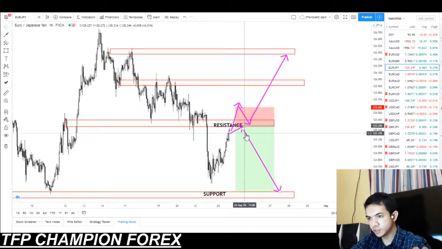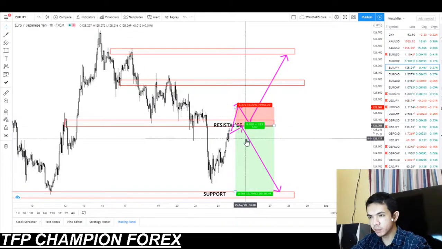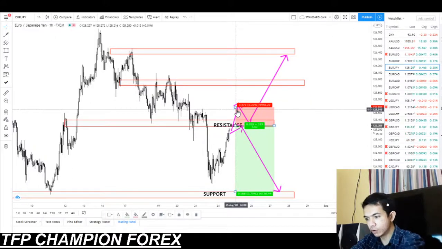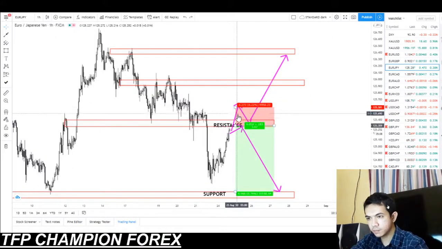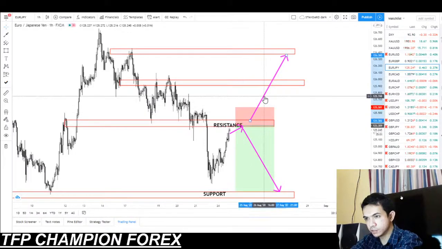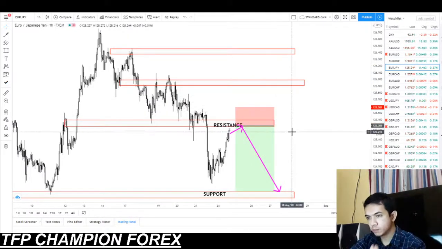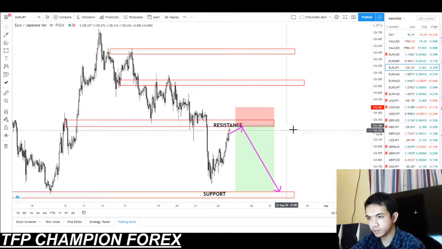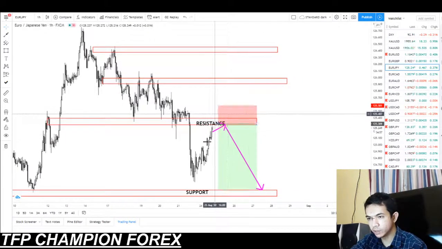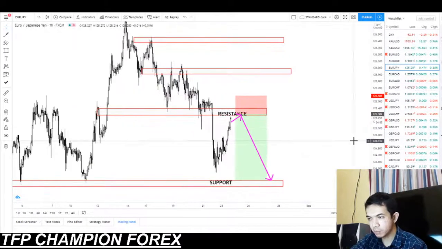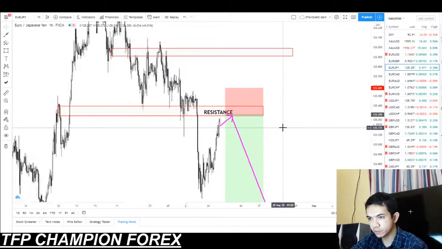So this would be the setup for this pair. But I would expect the market to react to this level for a short position. Again, more reactive than predictive. Right? I'm still waiting for the price action over here prior to entering my trade.